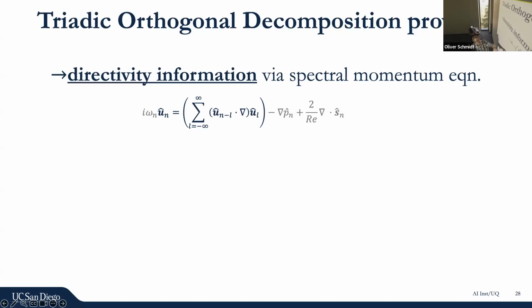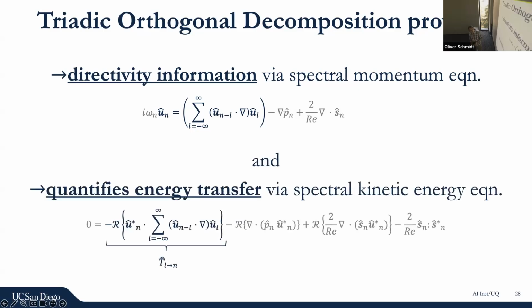You just take the Fourier transform, the d/dt becomes i omega, u, and so on. N is the frequency index, the N frequency. This is our convolution sum, that is the convective term, and we have our pressure and our viscous term. And this gives us the directivity information. I'm going to explain that in more detail later.